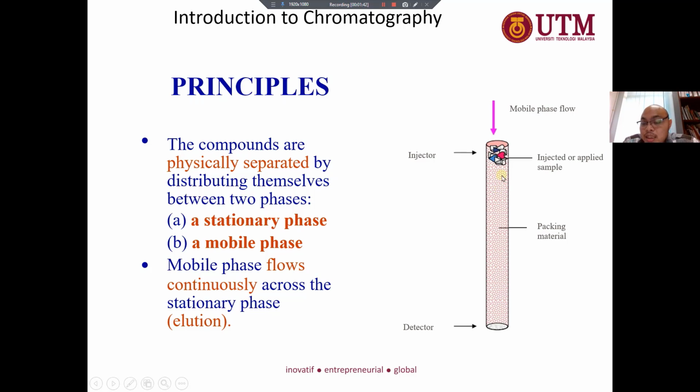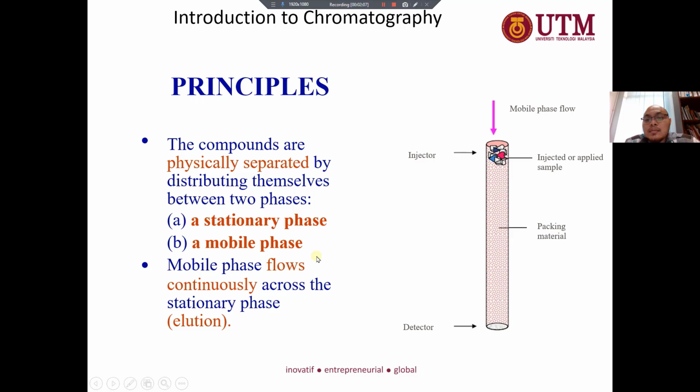During its interaction with the packing material, the components will start to separate based on their own characteristics or properties, or we can call it adsorption or absorption. The mobile phase will flow continuously across the stationary phase.